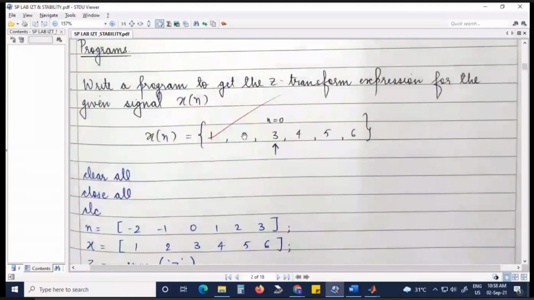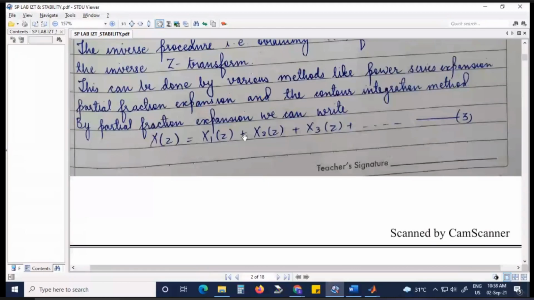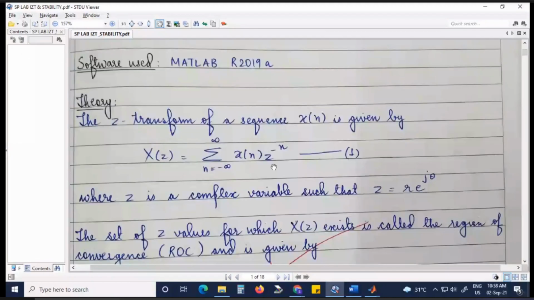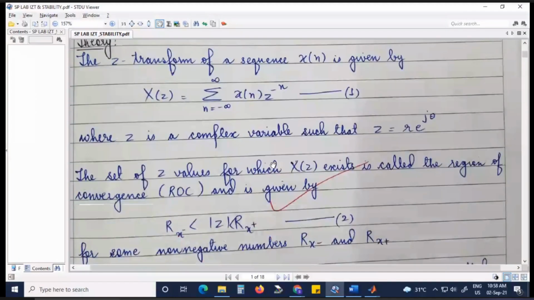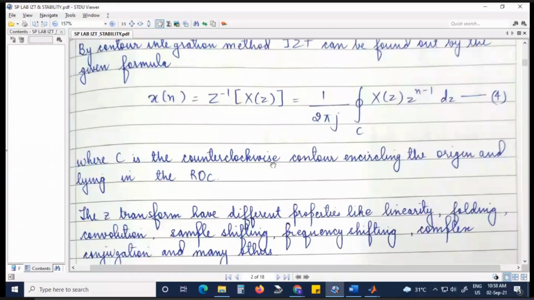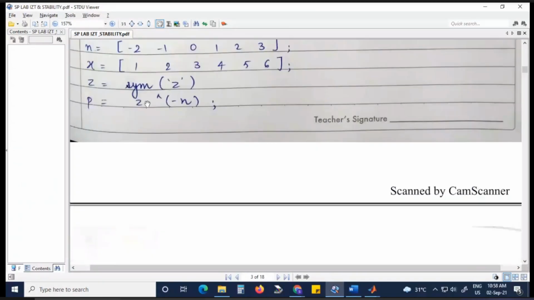What is the formula of the Z transform? No, sir, I was saying that Z should be a matrix. No, sir. Z is not a matrix. Okay, let me check. Actually Z is a variable only, it is a symbol only.